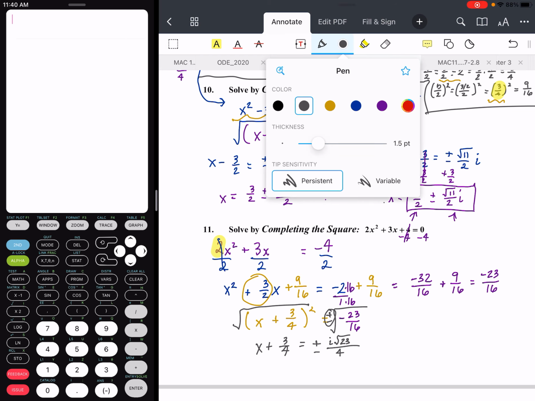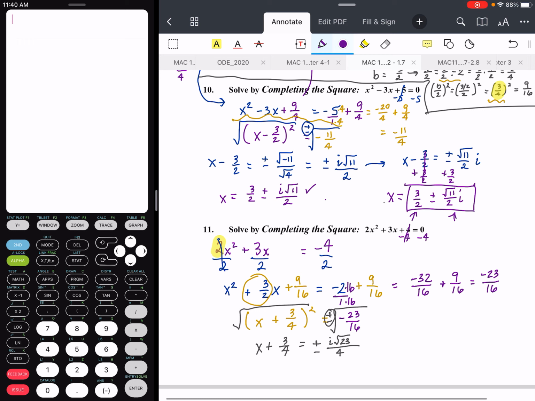And then my final step, subtract 3/4. So final answer, x equals −3/4 plus or minus. And I can just make it look a little prettier by writing √23/4 and then my i out front.